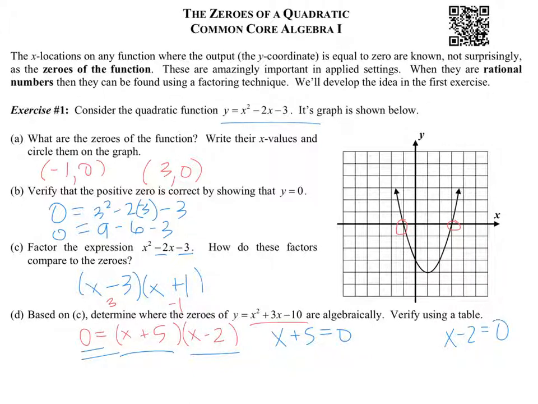So we're going to solve for x on each one. Subtract 5, x equals -5; add 2, and x equals 2. So the zeros of this equation are x equals -5 and +2. I put those in a solution set.